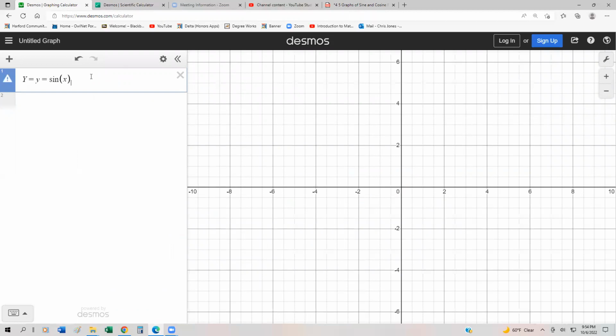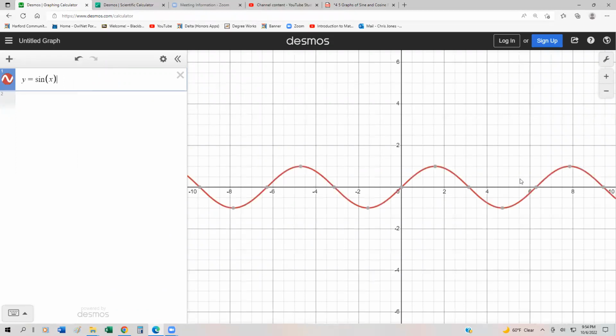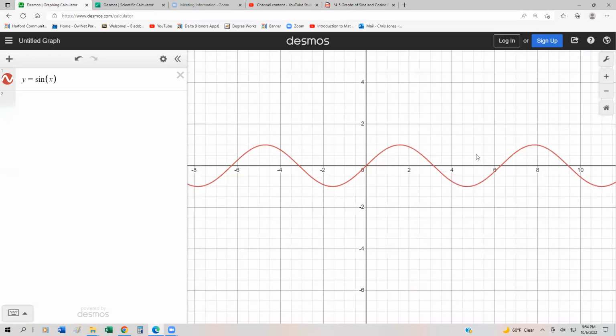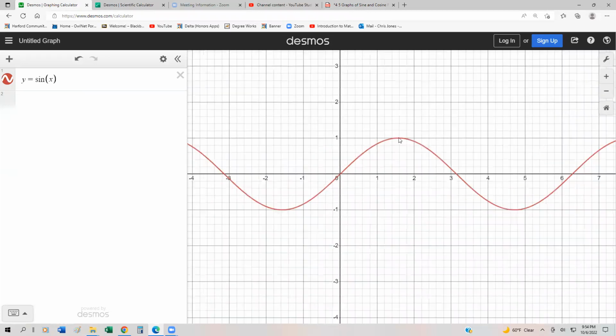not sure what happened there, but I have two y's in there. That doesn't make any sense. Given that, that's what our sine function should look like. If I zoom in, we have this point right here, (π/2, 1). That's a maximum of our function, and then down here, we have (3π/2, -1).